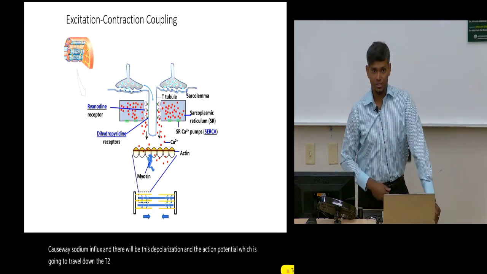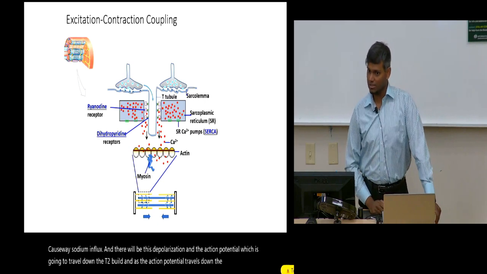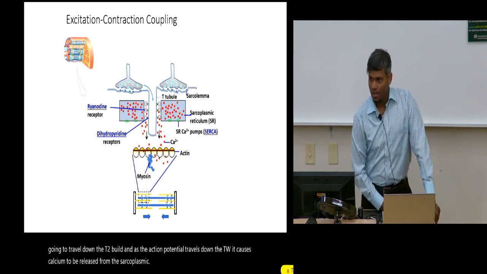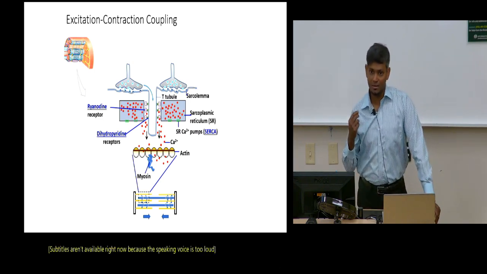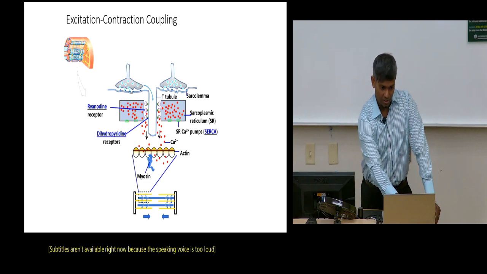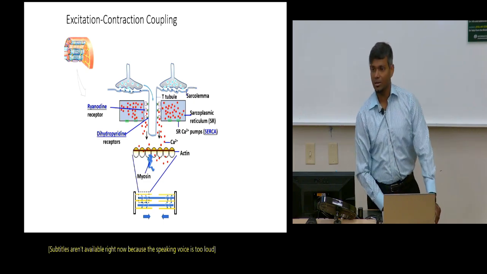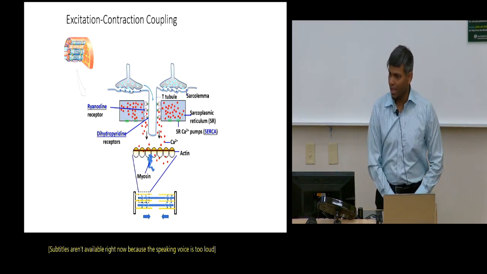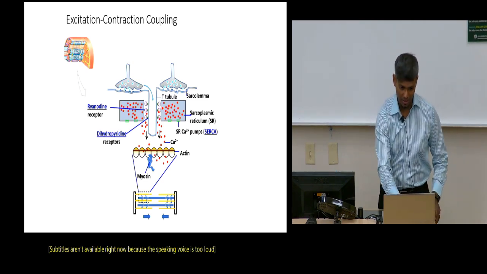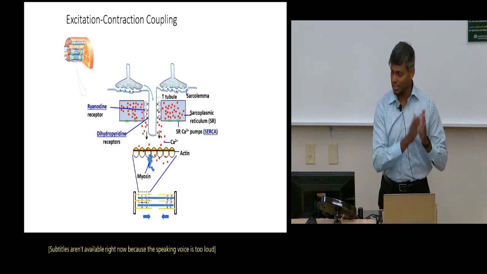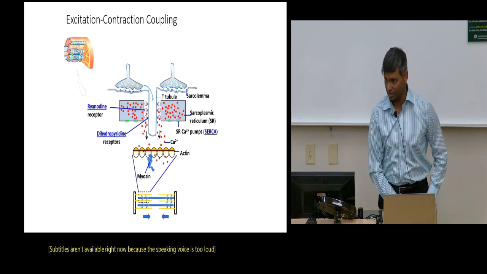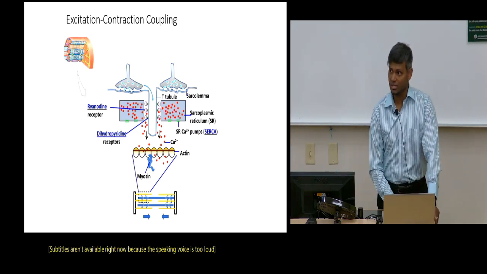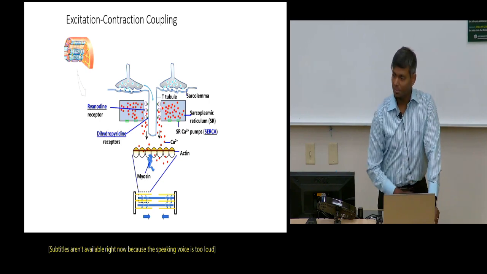And as the action potential travels down the T-tubule, it causes calcium to be released from the sarcoplasmic reticulum as shown here. How this happens is that the voltage-gated channels, which are dihydropyridine receptors, will be activated by the incoming action potential, and they in turn will interact with the ryanodine receptors, which are adjacent to the sarcoplasmic reticulum, and it's through the ryanodine receptors that calcium is eventually released into the muscle cell.